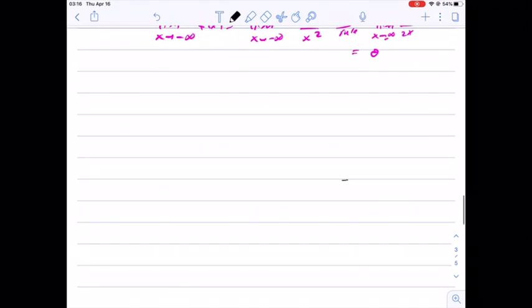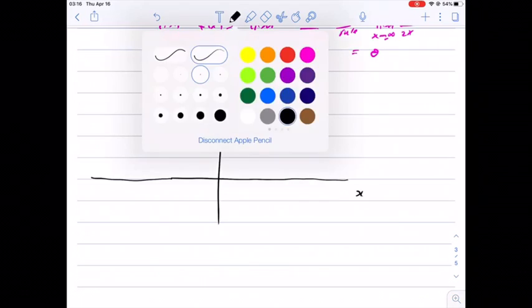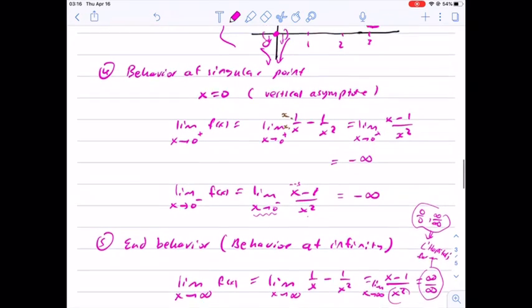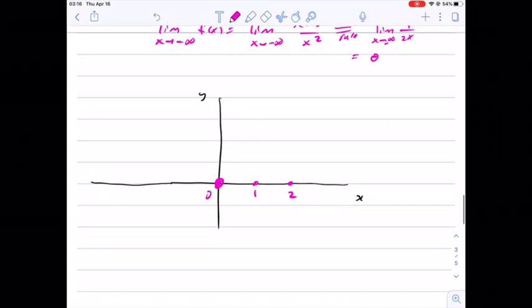That's the end behavior. Now we can graph the function or get some rough sketch of the function. This is x, this is y, and we had some points here: 0, 1, 2, and 3. 0 and 1 are x intercepts, and at 2 we have a maximum here.